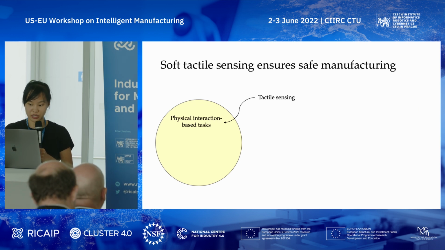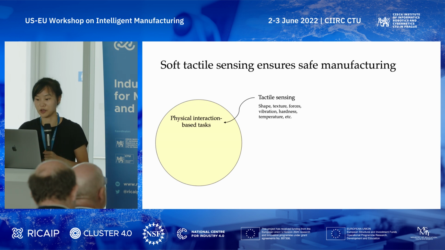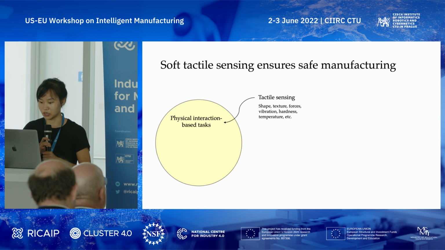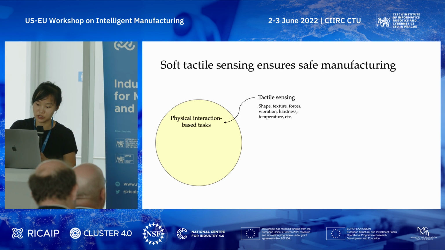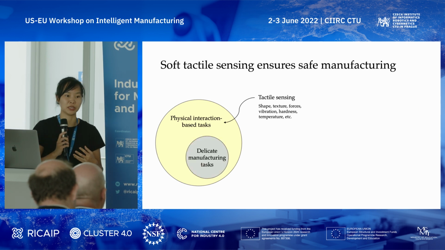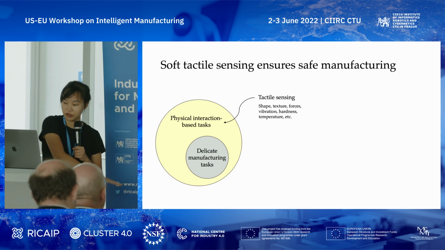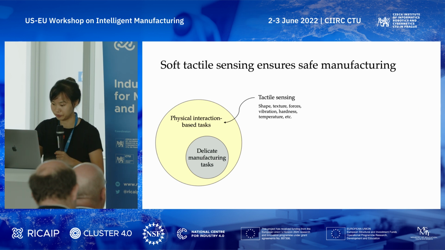And tactile sensing will inform the robot of sensing modes relating to shape, texture, hardness, temperature, etc. However, physical interactions often involve environments that are delicate, and we must ensure that the robot will keep these environments safe and keep itself safe.